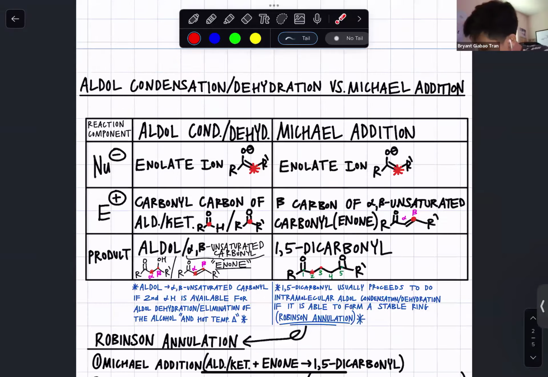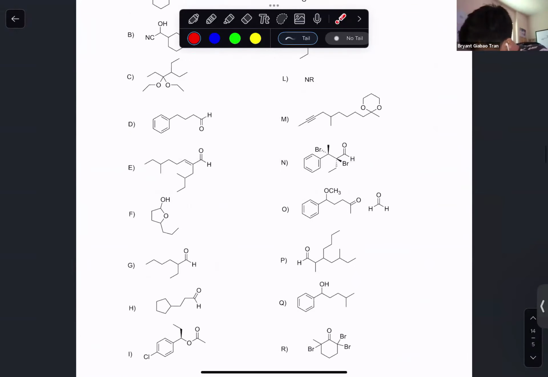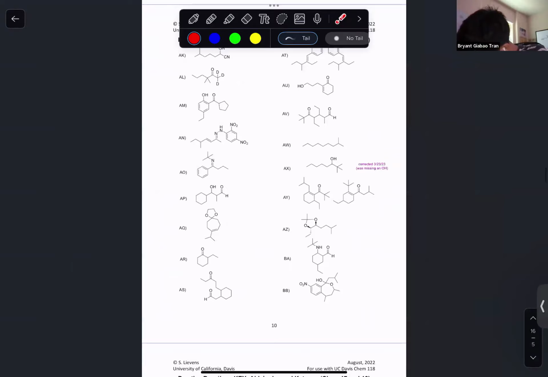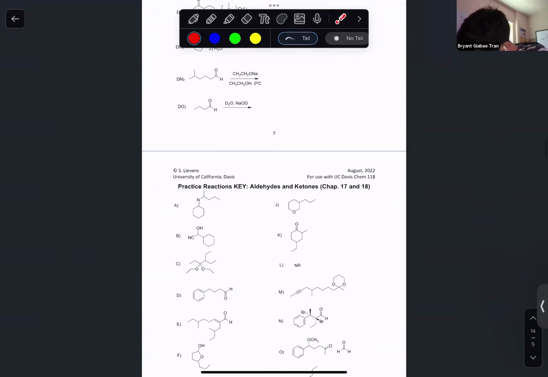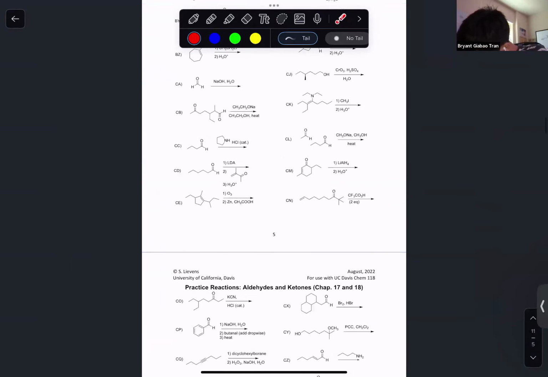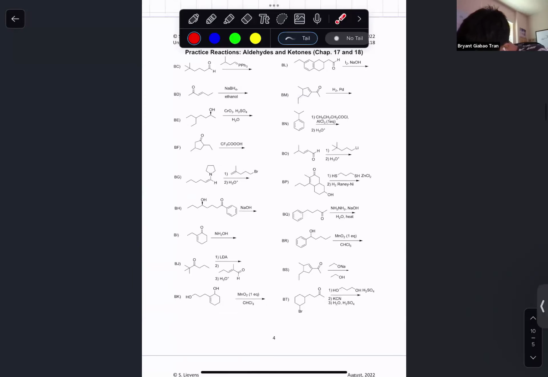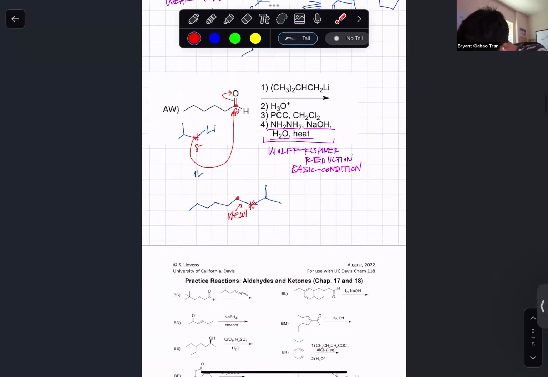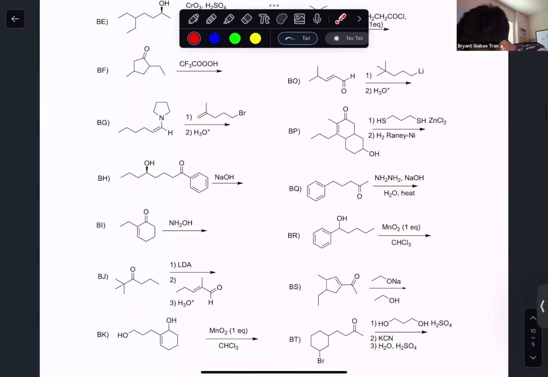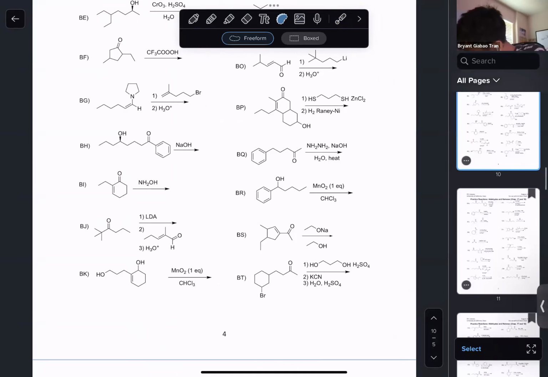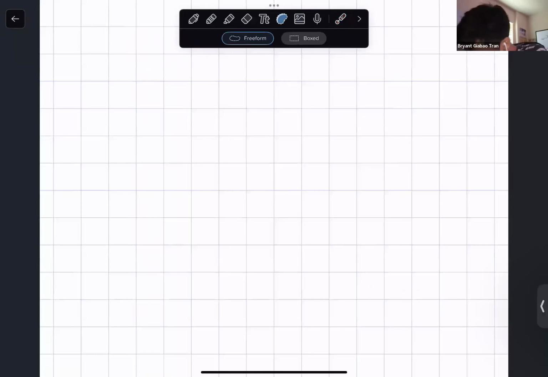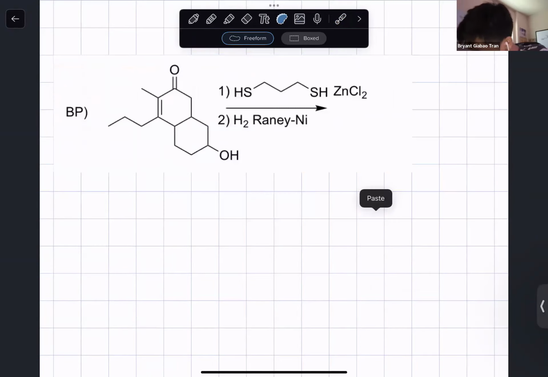Next one, BP. Okay, BP is going to be right here. So this one right here is going to have one of the chapter 18 reactions with the enone or alpha beta unsaturated carbonyl.